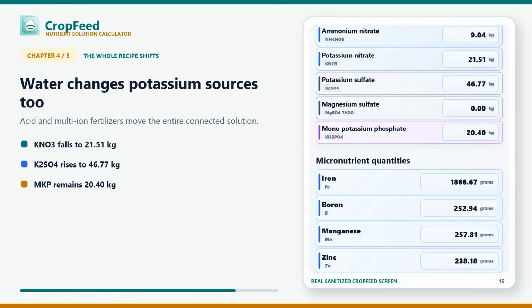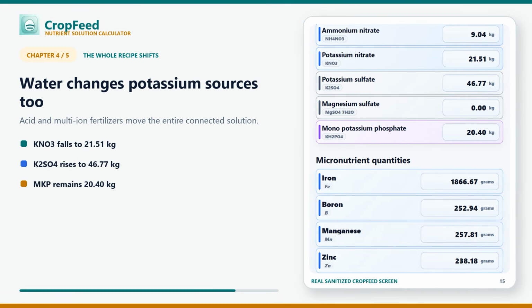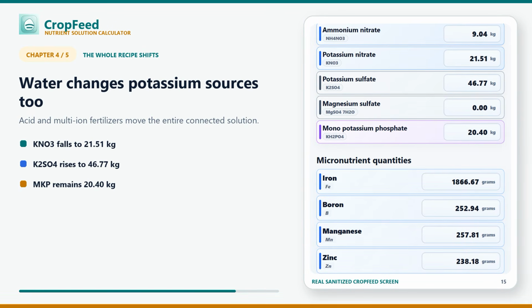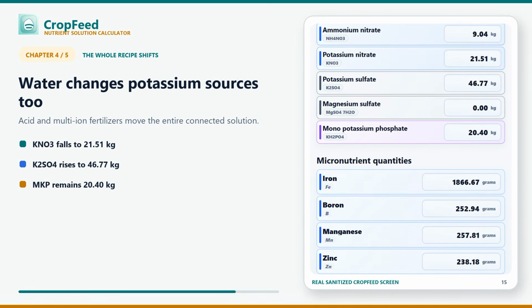Potassium nitrate falls from 40.20 to 21.51 kilograms, while potassium sulfate rises from 30.66 to 46.77. Monopotassium phosphate stays at 20.40. Nitric acid contributes nitrate, so the solver shifts the potassium sources to preserve the shared nutrient targets.